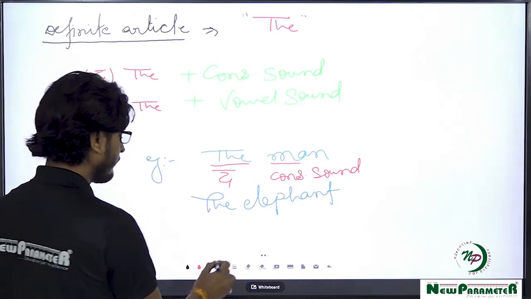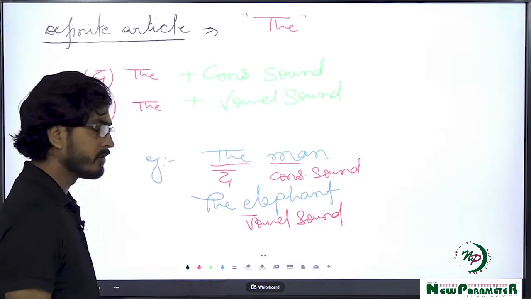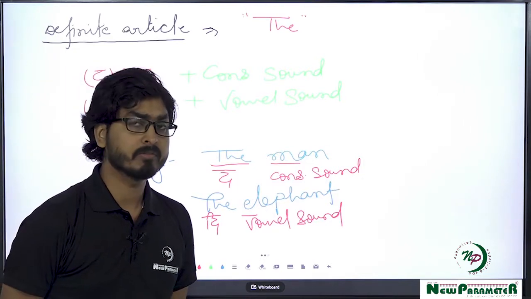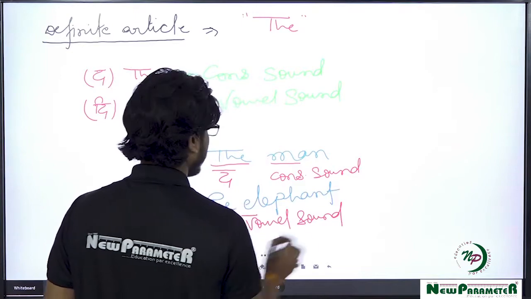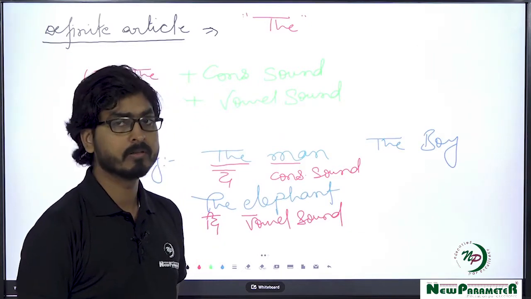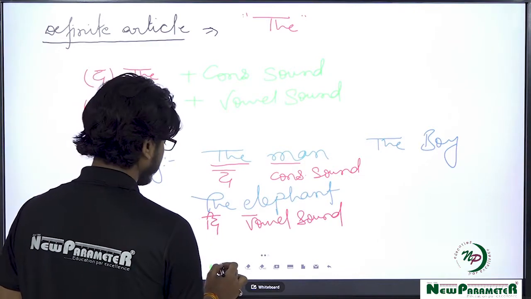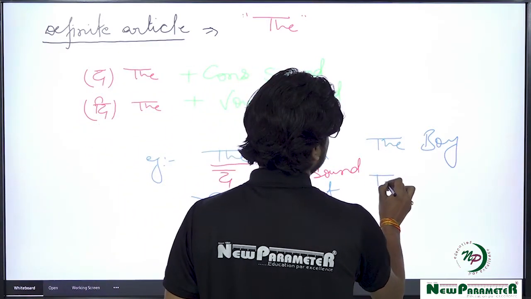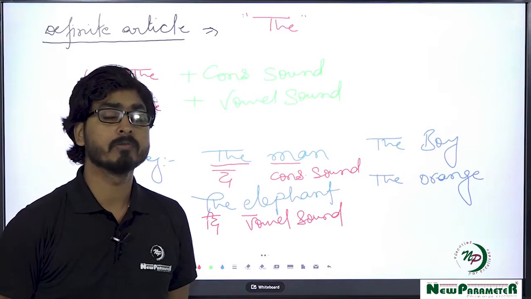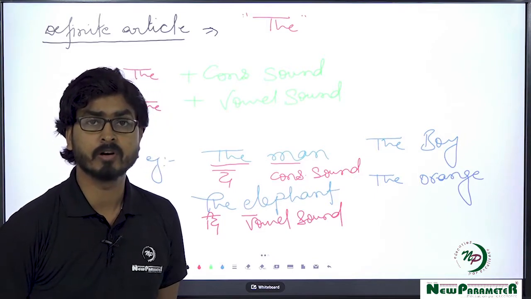It gives you the sound of what? Vowel sound. So it is a vowel sound, so I'll pronounce it like "thee elephant". You have to say boy: "thuh boy" or "thee boy"? Yes, very good, this is "thuh boy". If I say orange, it gives you a vowel sound, so we must go for what? Yes, "thee orange", not "thuh orange".